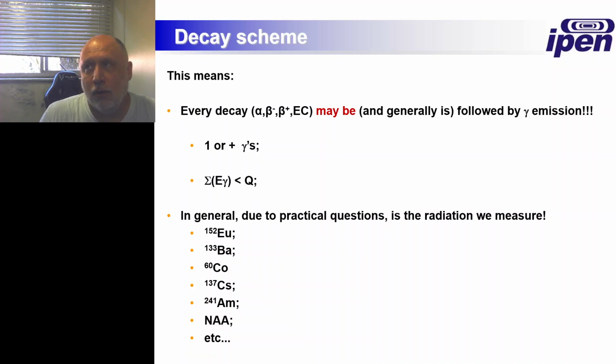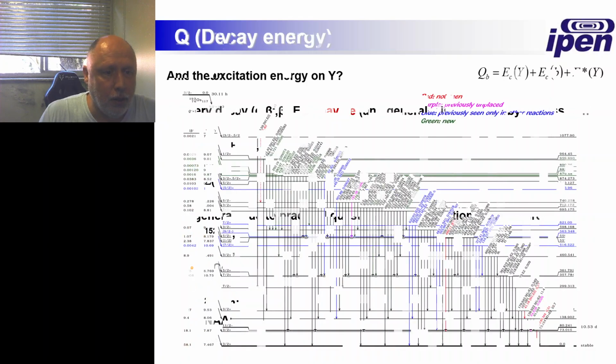Because the nucleus is produced in a certain state. It has a certain amount of energy to eliminate as excitation energy. That excitation energy will be released as gamma rays, but the sum of these gamma rays of each pathway here, right?